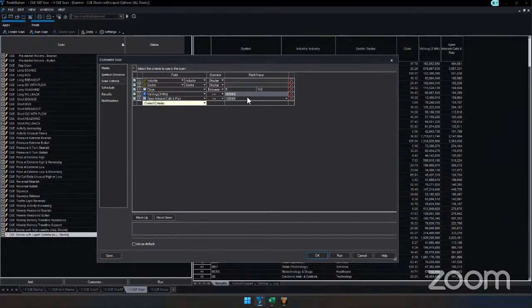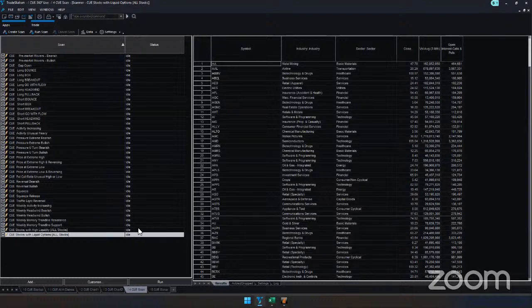So volume average is for the stock itself, open interest put and call is for the option. Click OK to save if you are making any changes like that. And these are the two QElite scans for creating trading universe lists, and that is how you change the parameters for liquidity in QElite.